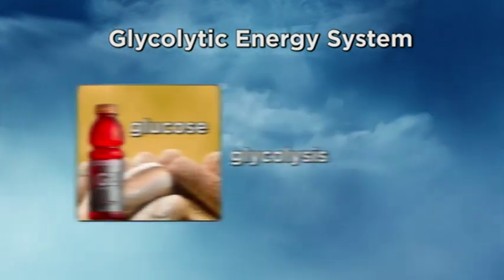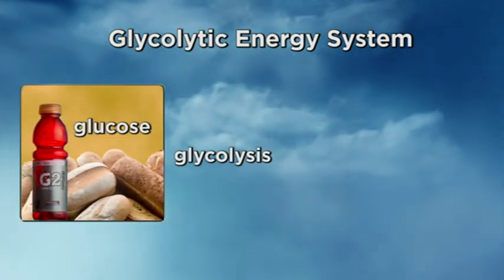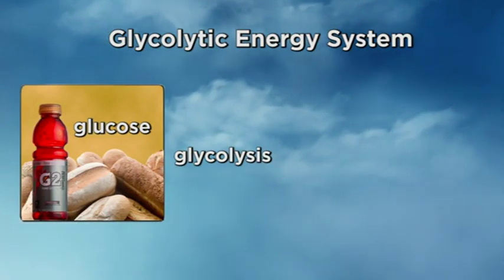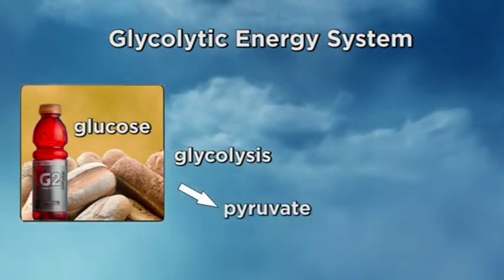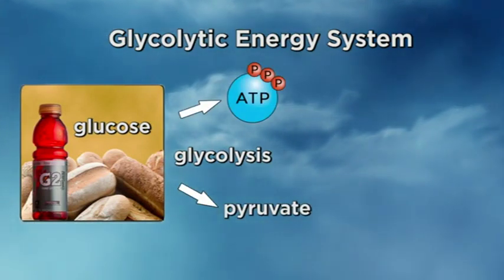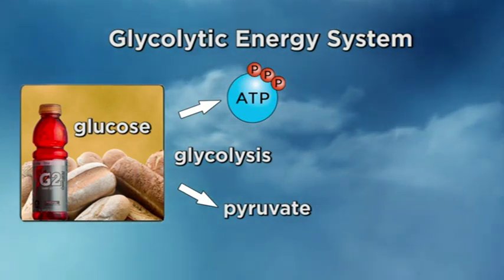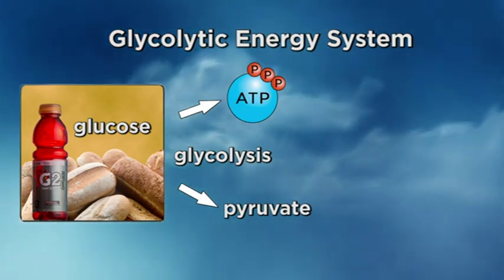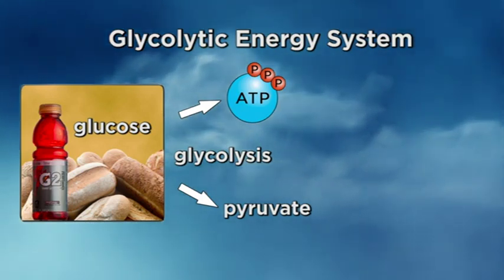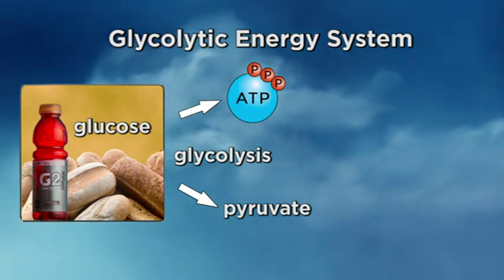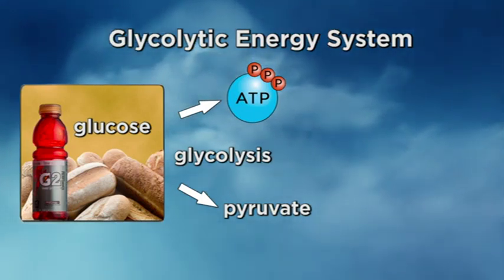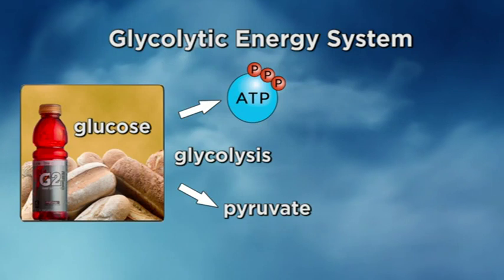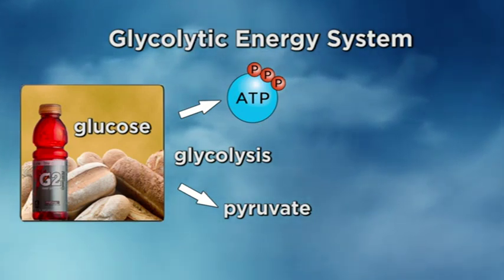So during glycolysis, your body breaks down glucose to eventually produce molecules called pyruvate as well as ATP. It's interesting to note that glycolysis both uses up and produces ATP. So along this pathway, the net amount of ATP produced is considered moderate at best. And don't forget, this energy system can only sustain activity for about 2 minutes.